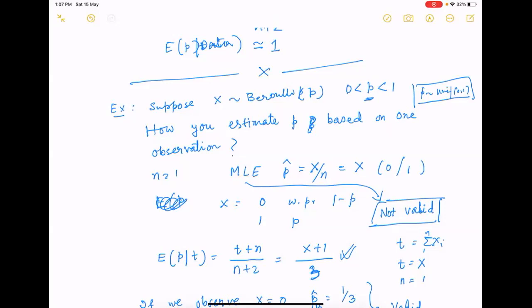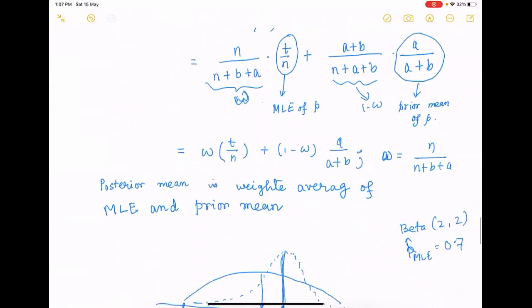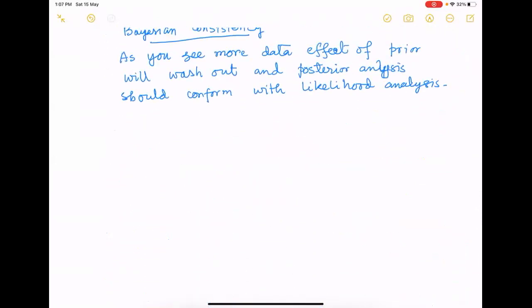Okay, so next week we will explore a couple of things. One is we will do some examples, but you can try to explore by yourself also. A couple of things: one is the relationship between MLE and posterior mode.